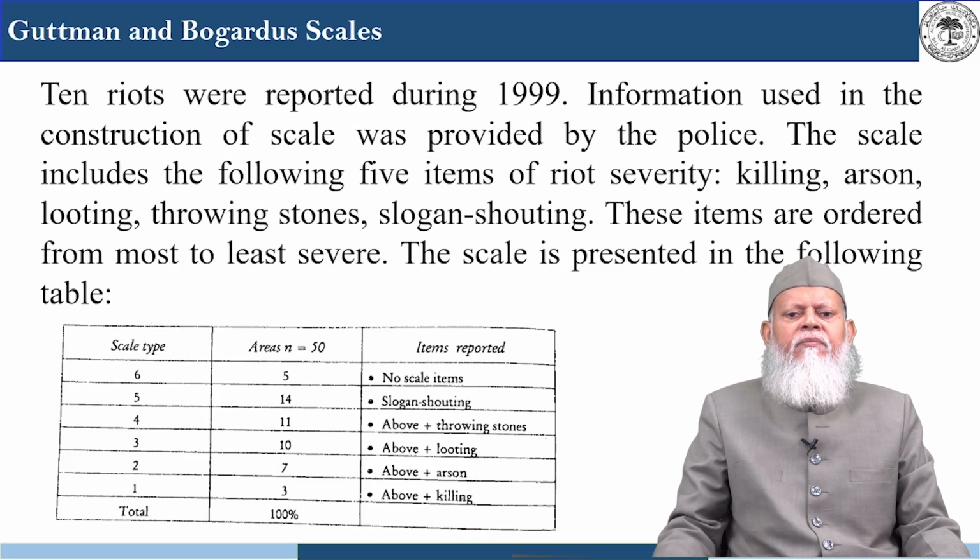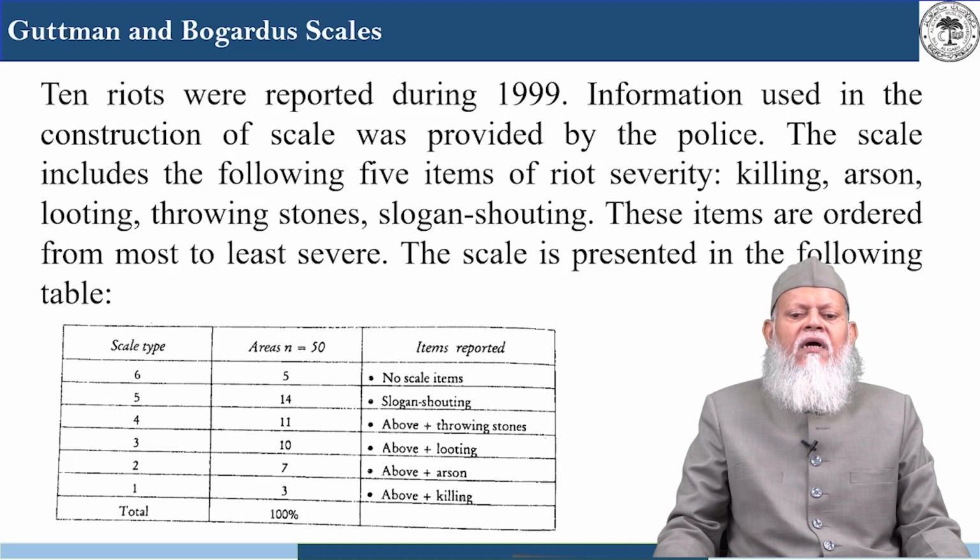The riots were reported during 1999. Information used in the construction of the scale was provided by the police. The scale includes the following five items of riot severity: killing, arson, looting, throwing stones, slogan shouting.